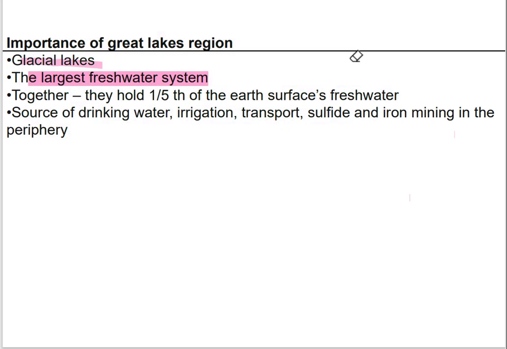So as we see, they hold approximately 20% of the earth's surface freshwater. Of the available freshwater on earth, North America's Great Lakes hold 20%.